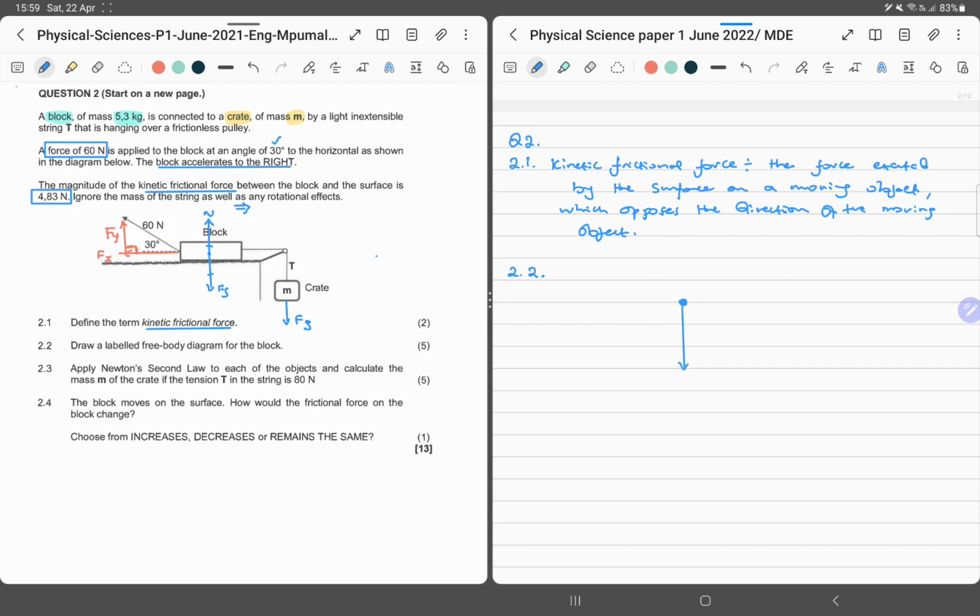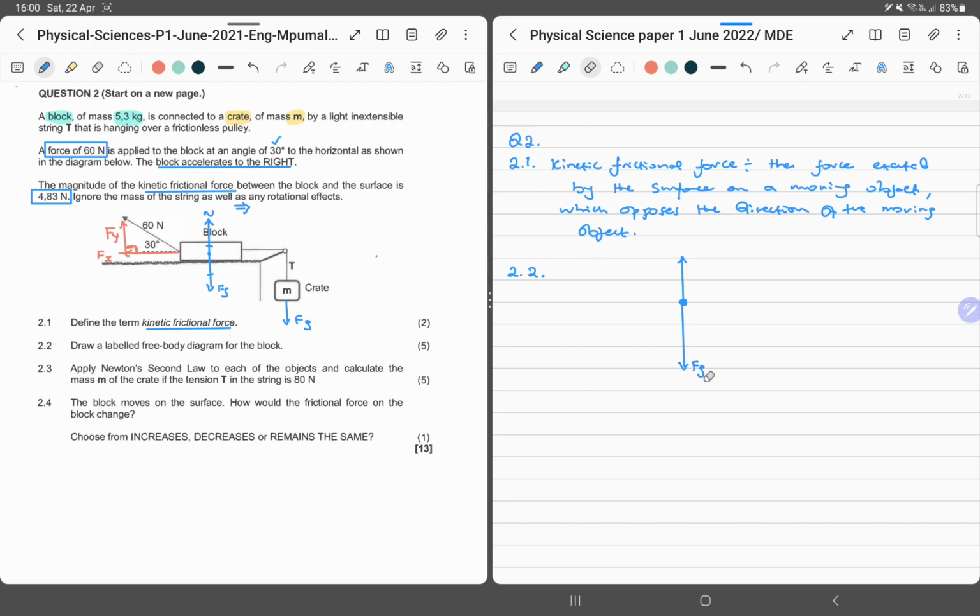We got here gravitational force. Remember, certain labels are acceptable as symbols. You don't have to write them in full. So don't sometimes waste too much time writing things in full.